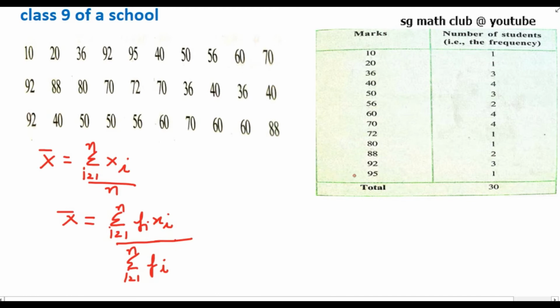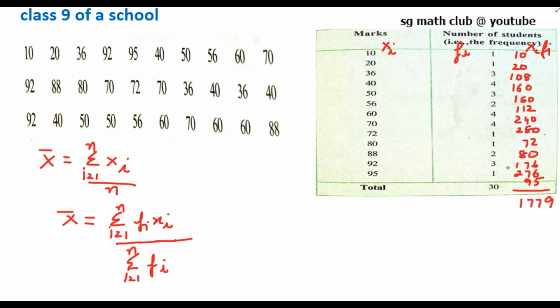So we need to find one additional column here. This is xi, the observation, this is fi. We need to find out sigma xi fi. That means we need to multiply 10 into 1, which is 10, 20 into 1, 20, 36 into 3 is 108, again 40 into 4, 160, 50 into 3 is 150, continuing like this.